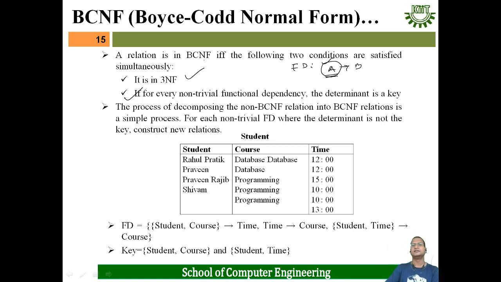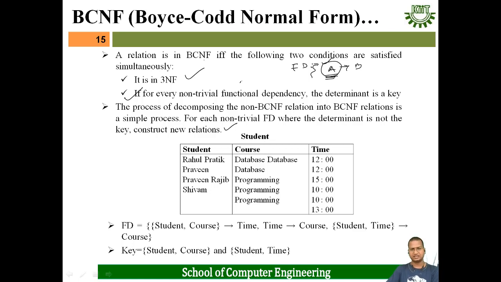Then we can tell that this is in BCNF. A relation is in BCNF if it is in 3NF, and in all the functional dependencies, the left hand side part or determinant part is a key. Now, the process of decomposing a non-BCNF relation to BCNF relation is a simple process. For each non-trivial functional dependency where the determinant is not a key, construct a new relation. This is similar to non-2NF to 2NF, non-3NF to 3NF.